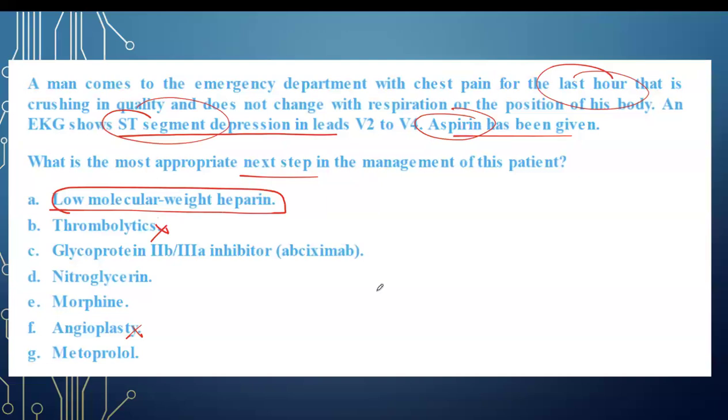So you can still do that, but it is not going to be as fast and as urgent. If the patient comes within 12 hours, you have to do everything within 60 minutes. But for someone who presents after 12 hours, you don't need to do anything urgently anymore. Okay, so still, if you have the angioplasty option, you would still consider that the best option.